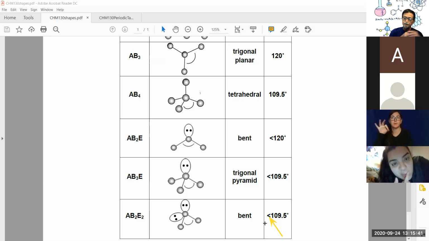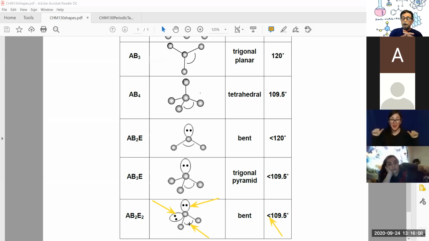Those lone pairs, 4 electrons, 2 there, 2 sitting there, take up a lot of space. They repel each other. And so that bond angle between the B's, and a good example would be water, H2O, where the B's could be represented by hydrogen, and A could be represented by oxygen, okay?